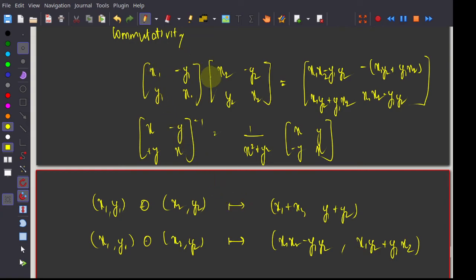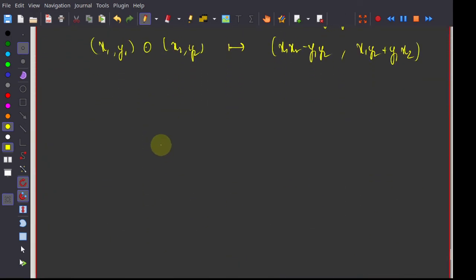So this is basically another way of representing this matrix. So instead of writing x1 minus y1, y1 x1, I can compactly write this as x1 comma y1. Implicitly there's some structure over here, but there are only two free variables, x1 and y1, and I can just write it as x1 comma y1.